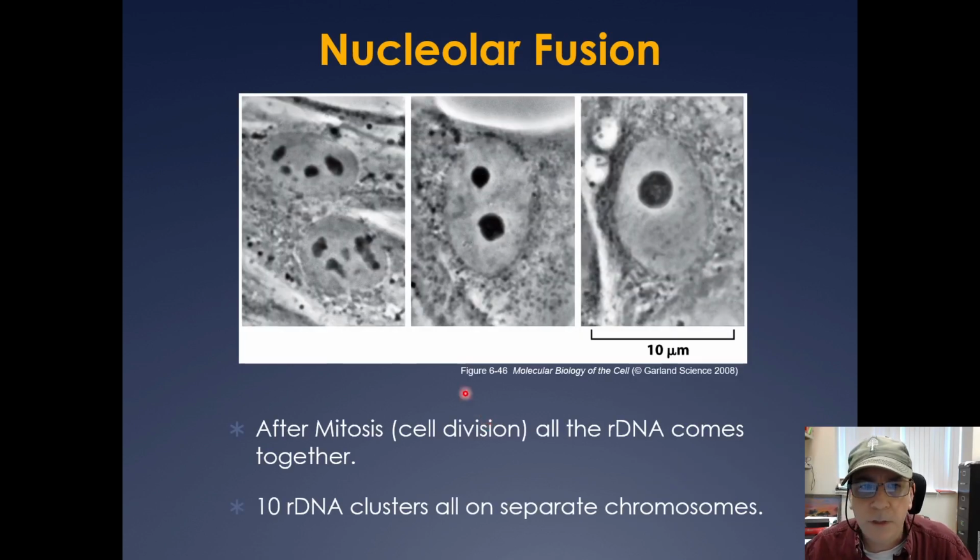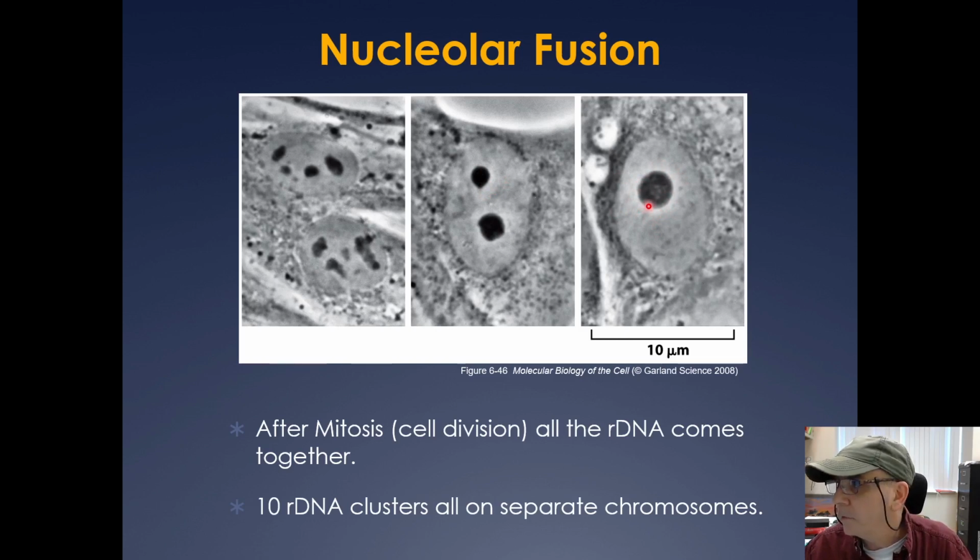Here's an example of nucleolar fusion, where all the different ribosomal RNA sites start to come together. Here there are 4 and maybe 5 in this nucleus, and then they come together and form a single nucleolus in the nucleus.